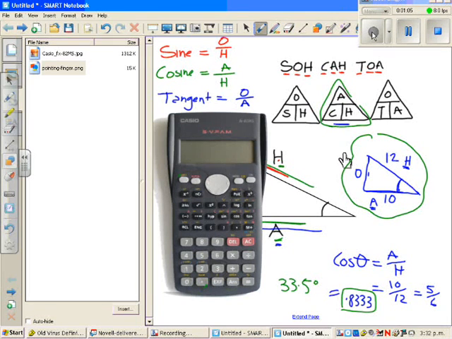So if we put cos 33.5 equals, it will return the ratio to us. So we can work this both ways. We can put the angle in and get the ratio using the cos, sine, or tan, or we can put the ratio in and get the angle using the inverse cos, inverse sine, inverse tan.